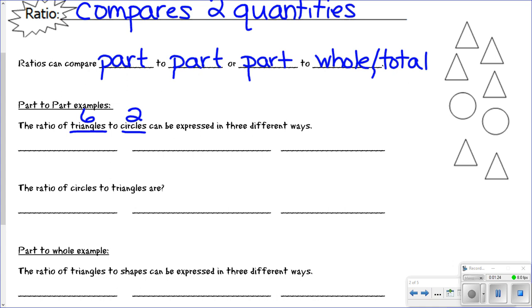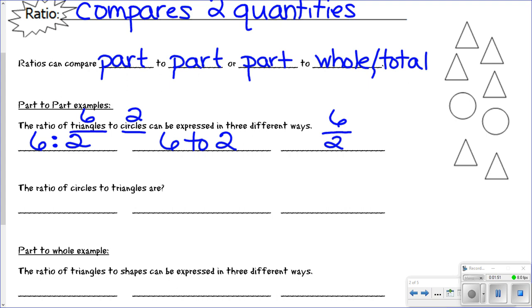Now the 3 ways that we're going to write ratios, the first way will be with a colon between those numbers. The second way will be with the word "to" between those numbers. And the last way will be in fraction form, with the first number being the numerator and the second number being the denominator.